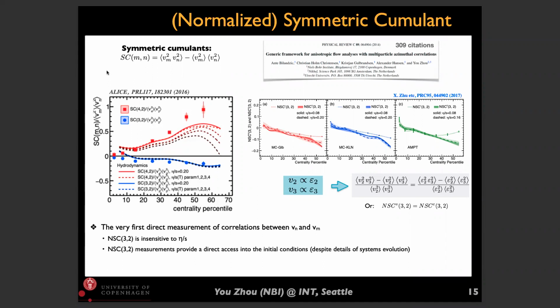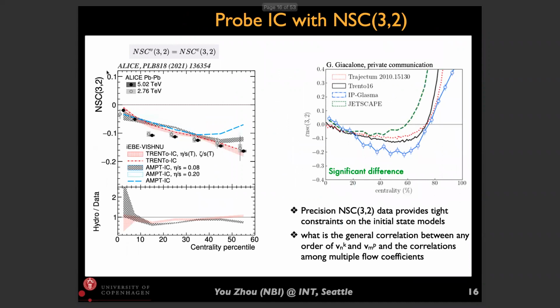I see. We also have the measurements at the LHC, and we can find that for the nonlinear part, the V2 contribution in V4 is dominant, actually larger than the epsilon 4 contribution at centrality of 20%. So this basically gives us direct access into the initial condition. At around 2 at 5 TeV, we also repeated the same measurements, which are much more precise.